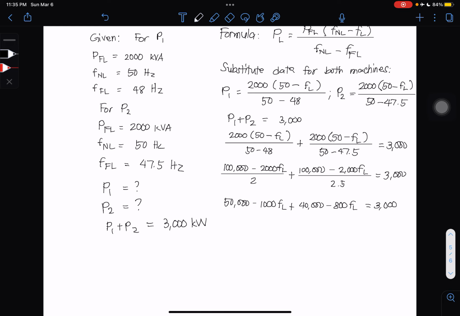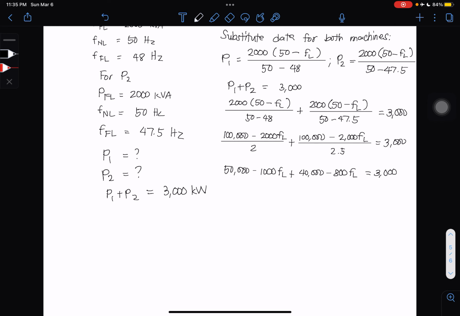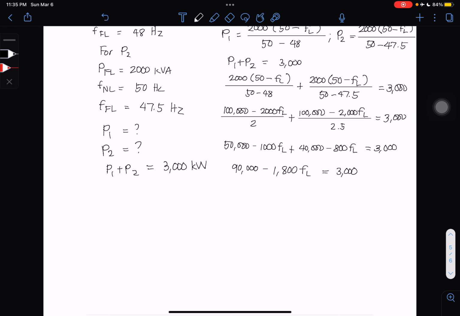So na-simplify na nato, mas dali ra i-solve. Combining same variable, 50,000 plus 40,000, we have 90,000 minus 1,800 FL divided by 3,000. To solve for FL, transpose: 90,000 minus 3,000 divided by 1,800, para ma-cancel out.